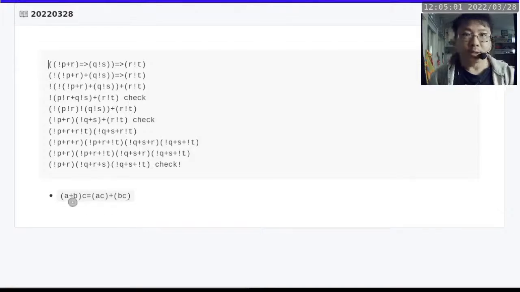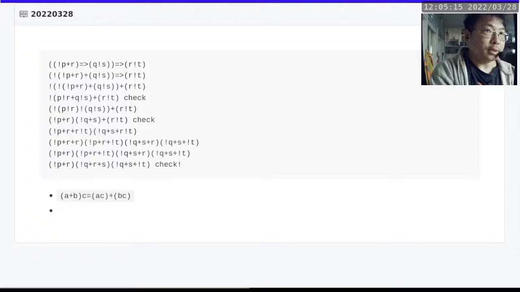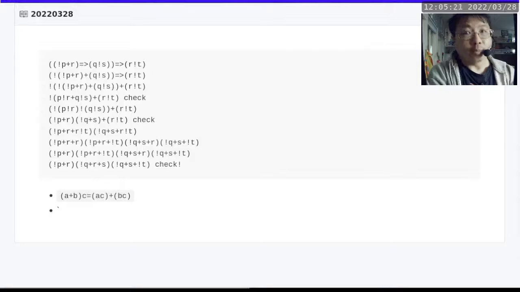So that means A or B and C is really the same thing as A and C or B and C. So this one looks just like the usual distribution that you already understand in algebra. The next one is applicable in Boolean algebra, but not so much in normal math algebra.